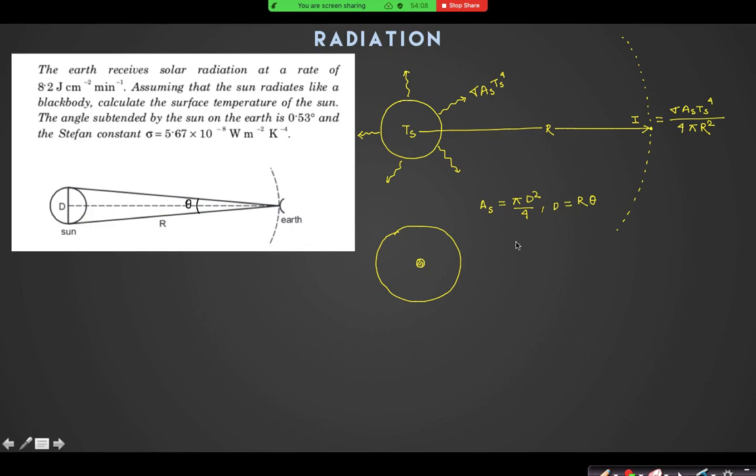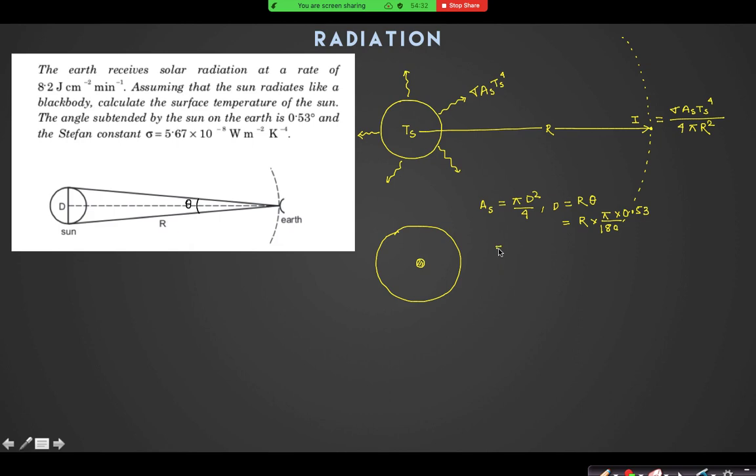Yes or no? So I can write that this is equal to R theta. Now what is theta? Theta is equal to pi by 180 into 0.53 in radian. Right.